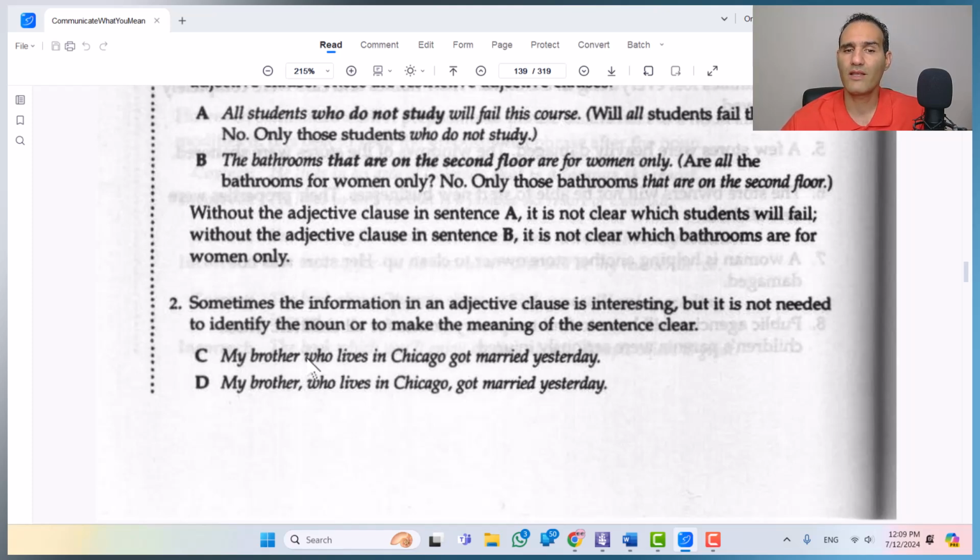Here the adjective clause is necessary. The difference between these two is that in C there is more than one brother, in D there is only one brother. So you see how important these two commas could be.